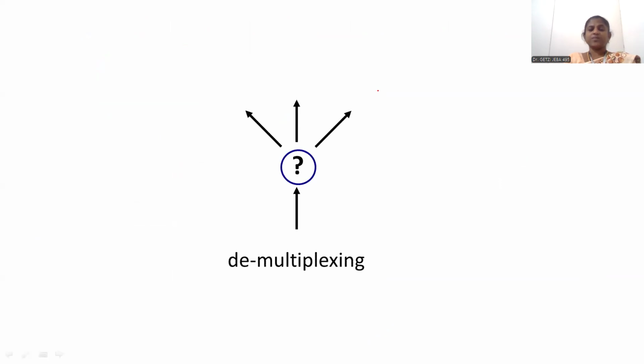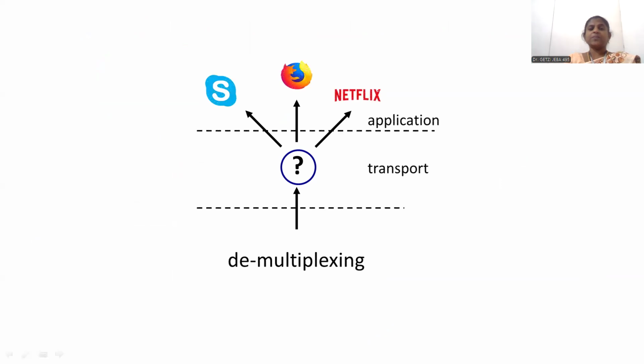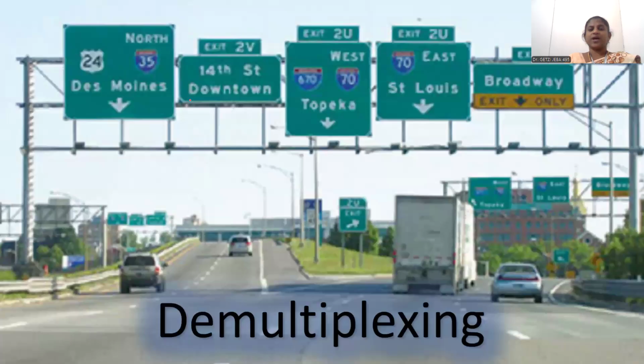So demultiplexing, as we discussed, as the data comes, it is just split. Based on the port number, if it's 80, I should give it to Chrome. If it is a Netflix port number, I should give it to Netflix. If it's Skype, the same. So this can be viewed like an analogy of your highway roads, where you say, if suppose I want to go to Chennai, I should go this way.